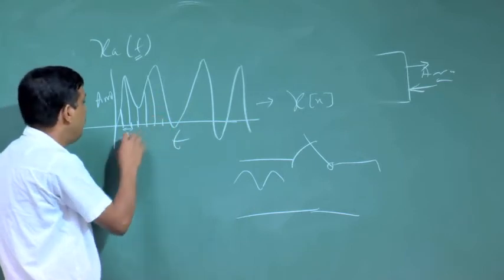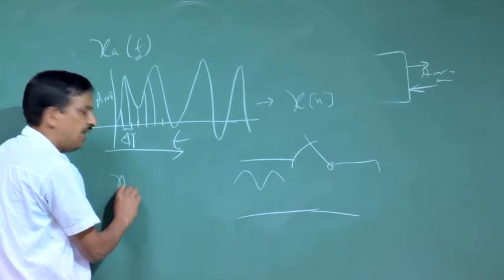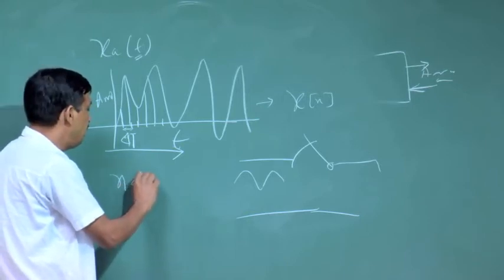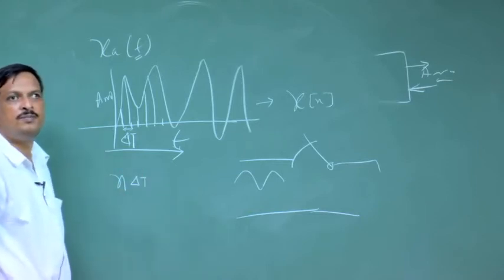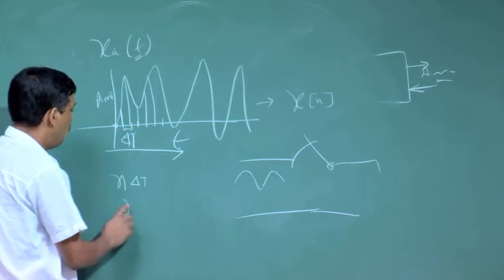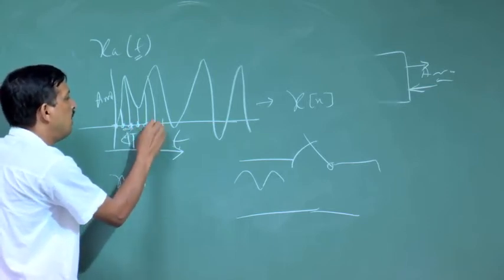So I am converting the continuous t to nT with a duration of delta t. So n equals 0 means here, 1 means here, 2 means here, 3 here, 4 here, 5 here.